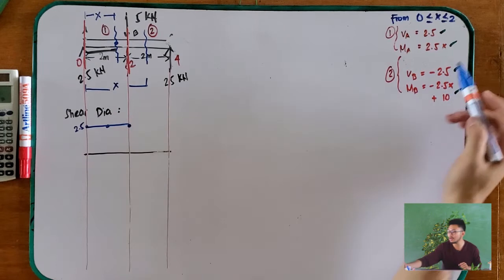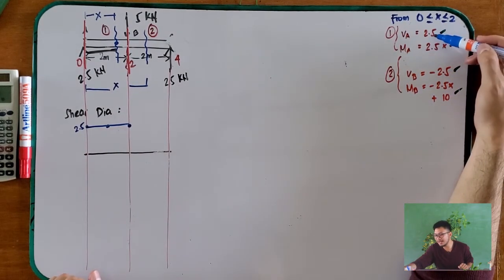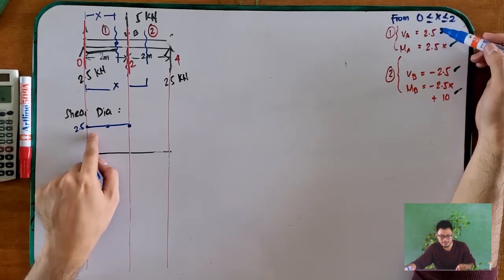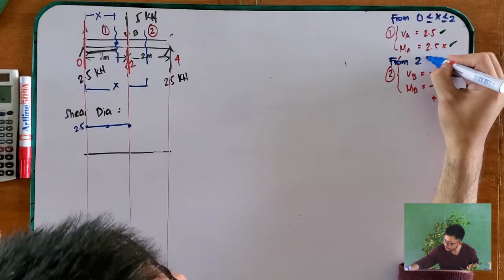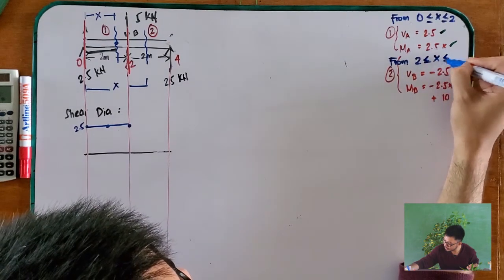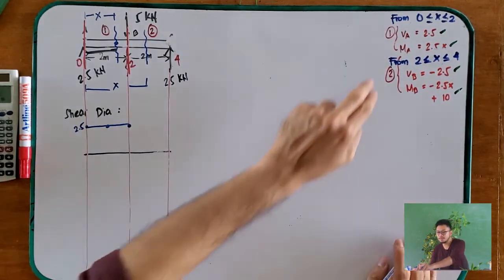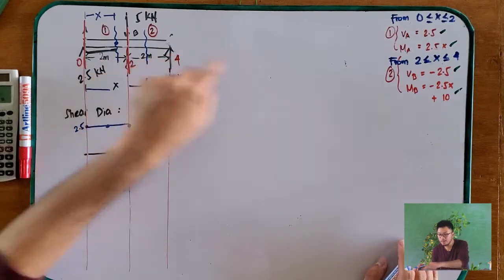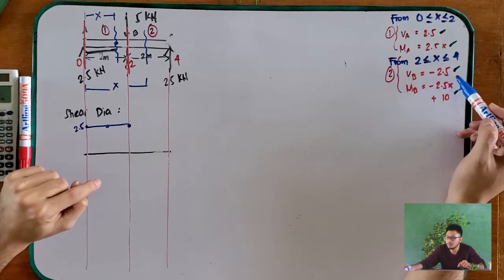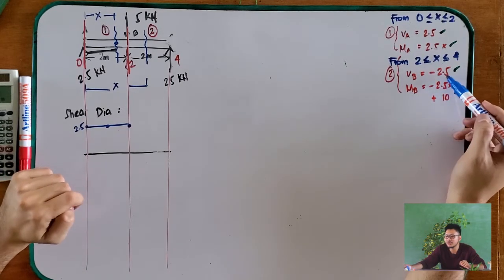So, basically, kung constant nga value ang imong VA, then of course imong diagram horizontal na siya nga line. Okay? Pero diri start na ta from 2 to 4. From 2 to 4, we will now use segment 2. So now, sugod ta sa 2. What is the value of your shear when your x is 2?